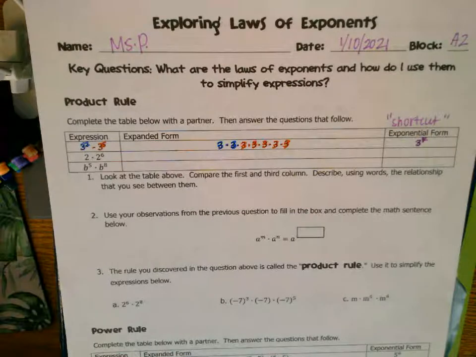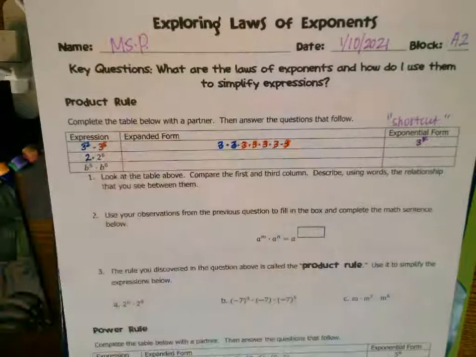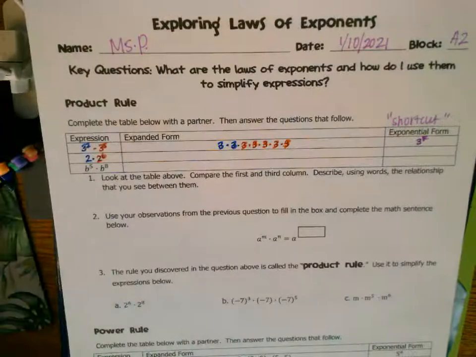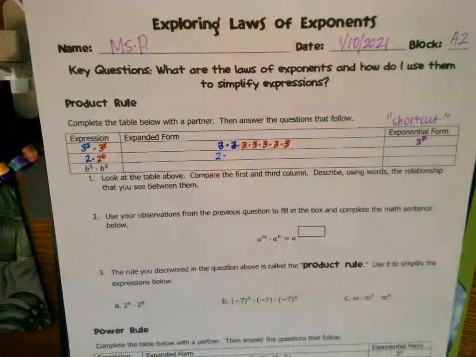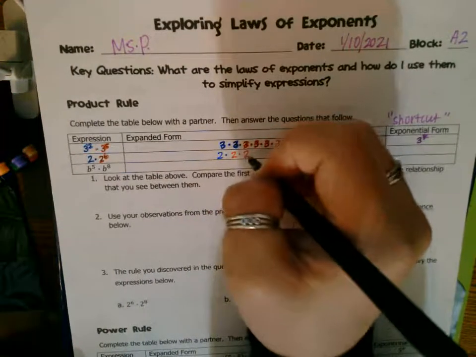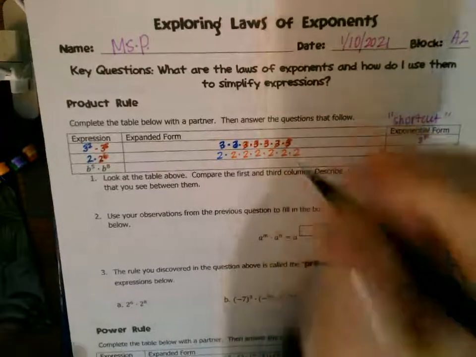Let's do the next one really quick. 2 times 2 to the 6th. So I'm going to start off with 2 times 2 to the 6th power, which is 2 multiplied by itself 6 times. So let's do it. 1, 2, 3, 4, 5, 6.